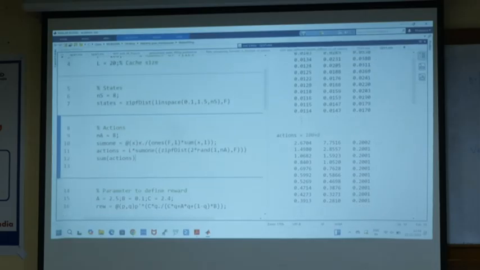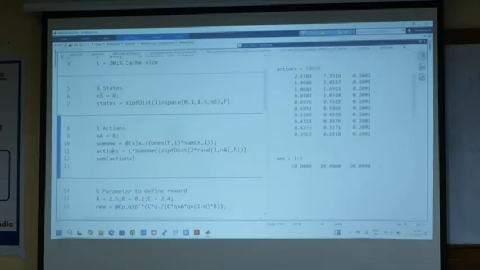Similarly, I have taken the number of actions to be 8 also, and this is a sum1 function. Sum1 sums all the values to 1. Action also I have generated using the Zipf distribution, but the action should sum up to L. We have seen yesterday the action should sum up to L, the q values, small q.